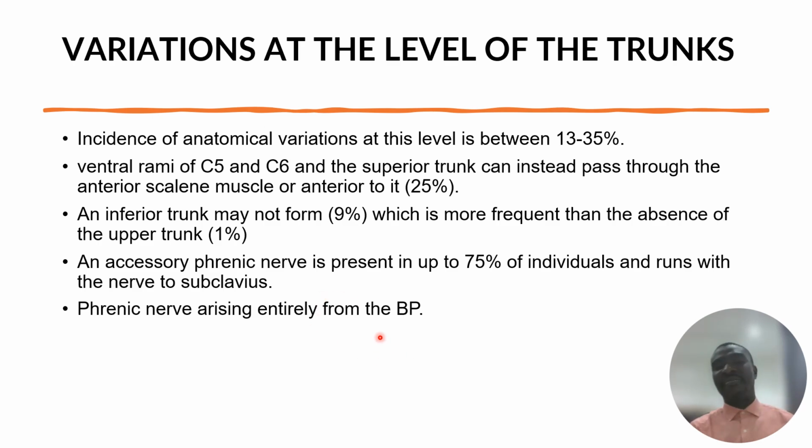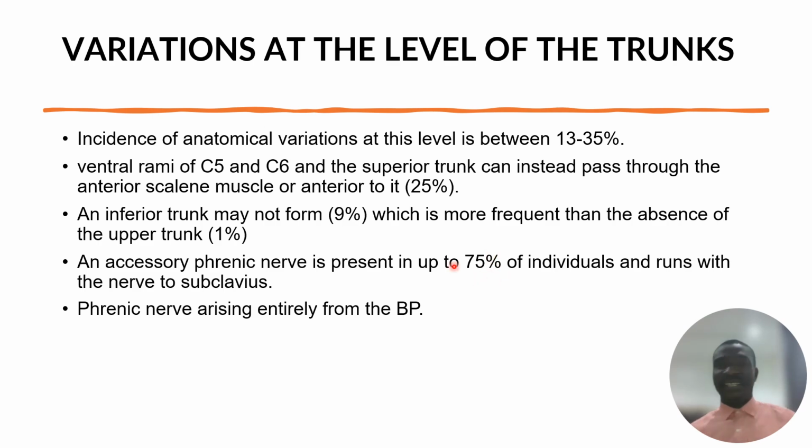Now, you also have sometimes the phrenic nerve itself arising entirely from the brachial plexus rather than from its usual origin. So in the case where all the nerve roots and trunks are not found to pass between the anterior and middle scalene muscles on ultrasound, whether you're doing a nerve block or performing any particular procedure, the interscalene block can successfully be completed by injecting the anesthetic into the interscalene groove, as well as in the areas adjacent to that particular nerve of focus.